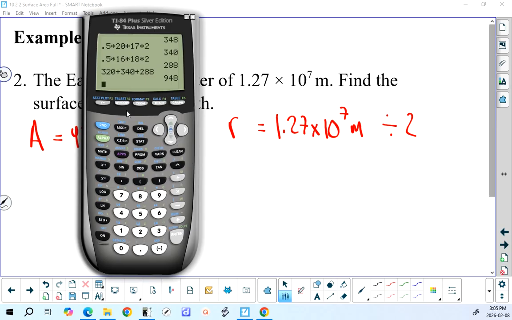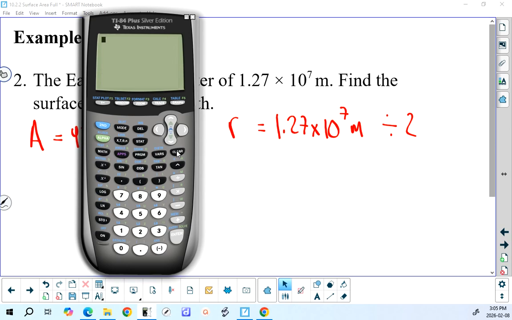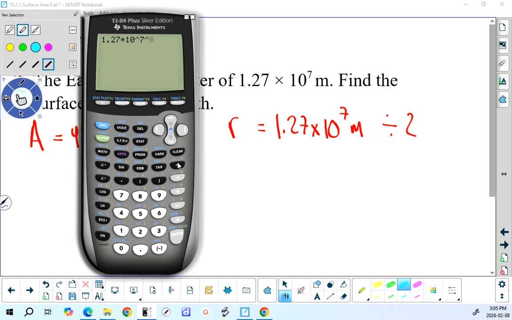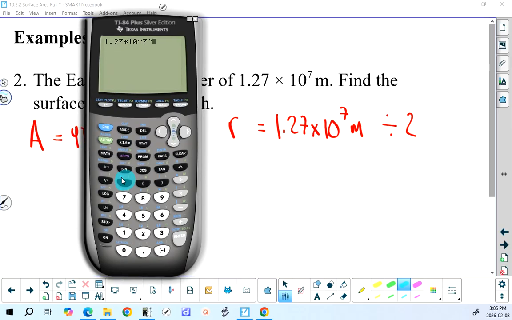If you just look at your screen, you do not go 1.27, hit the multiplication key, and then go times 10 raised to the 7. Don't do this. Every calculator has an exponential notation key. On mine, it is the second function of the comma. You can't really see it very well, but there's an EE there. When I hit the second key, which is the blue key, I access that, and that's exponential notation.